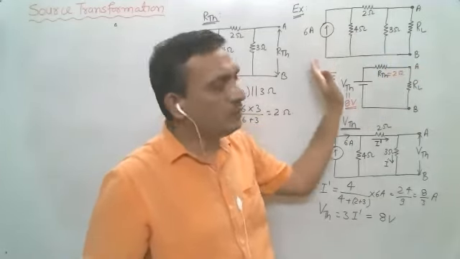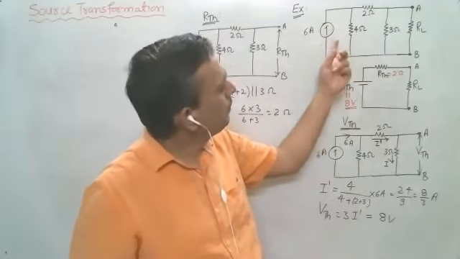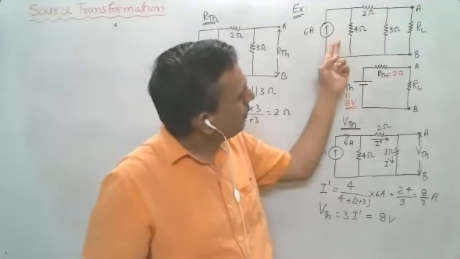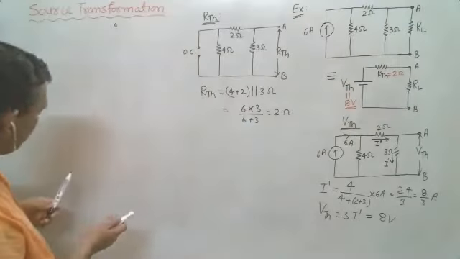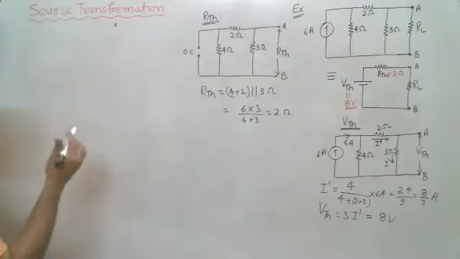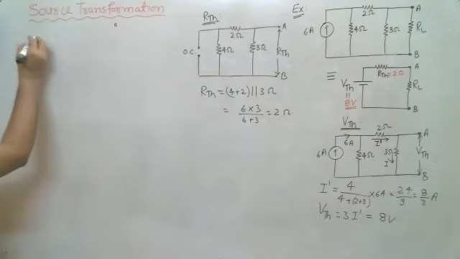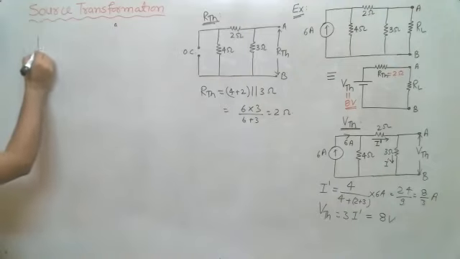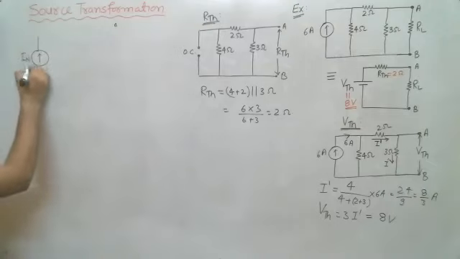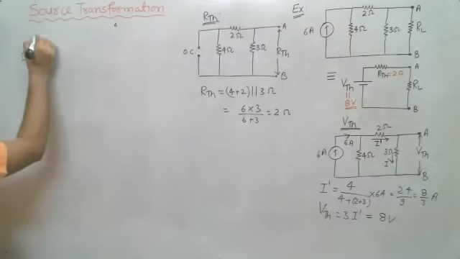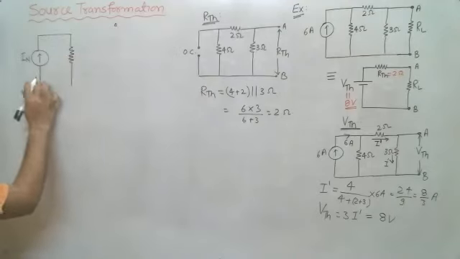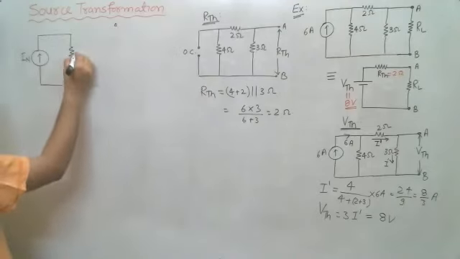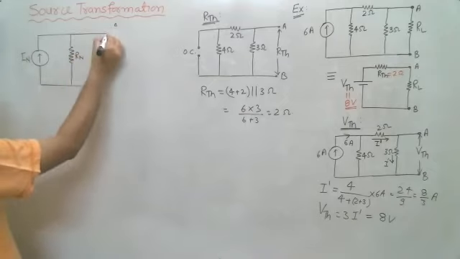Then convert 3 loop into 2 loop by drawing its Norton's equivalent. This is the Thevenin's equivalent. What will be Norton's equivalent? Its Norton equivalent is, now you have a new current source IN, parallel resistance RN, across AB.